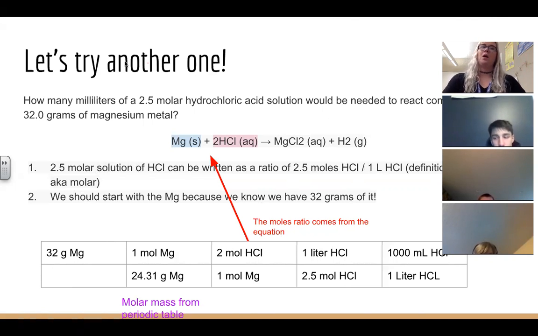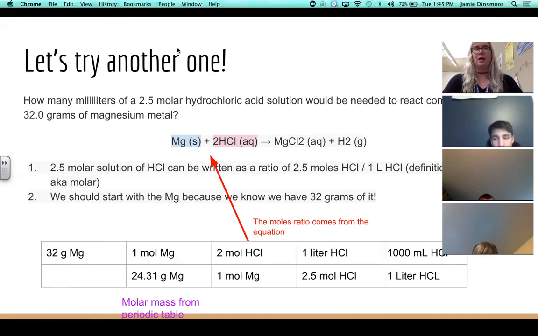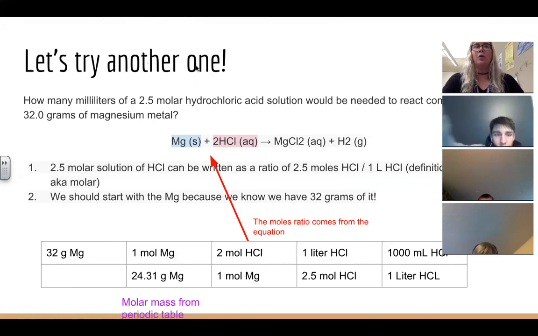So I'm going to go through this. I'll probably say it a few times. You guys let me know if you want me to say it more than I say it. Let's see, because we also, oh good, Oliver, you're here too. Okay. So first step, we have 32 grams of magnesium. Oh, thank you, Oliver.